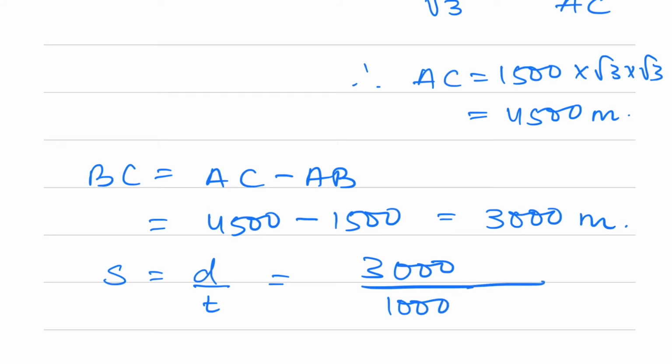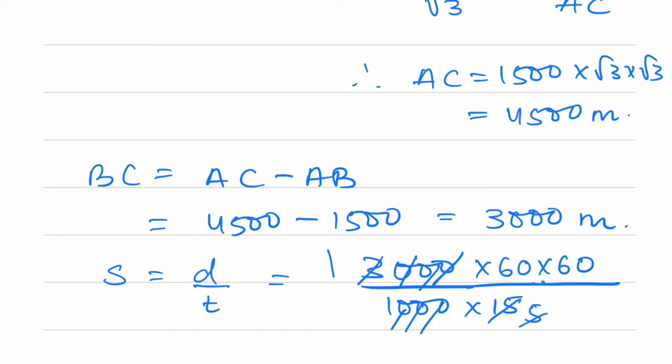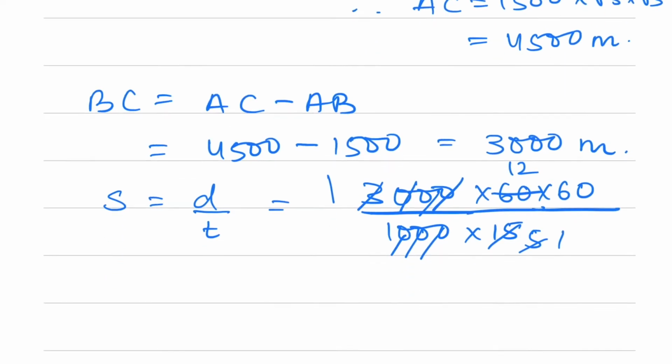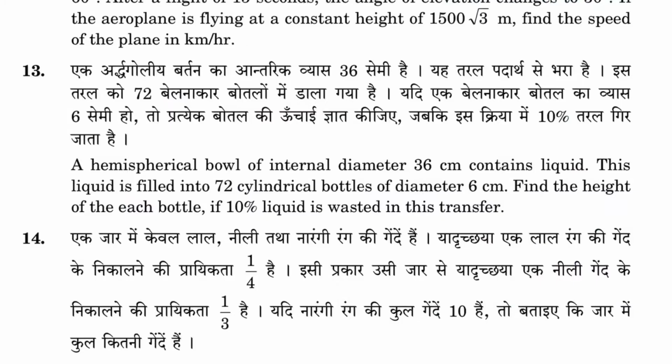And time is equal to 15 seconds, and I will change into hours. So this I have to find in kilometer per hour. 30 gets cancelled by 3 zeros, 3, 1, 5 and 12. So this is equal to 720 kilometer per hour. So that's the answer.